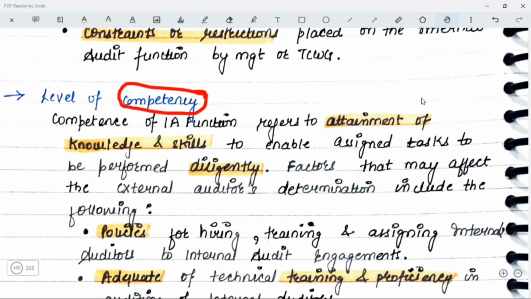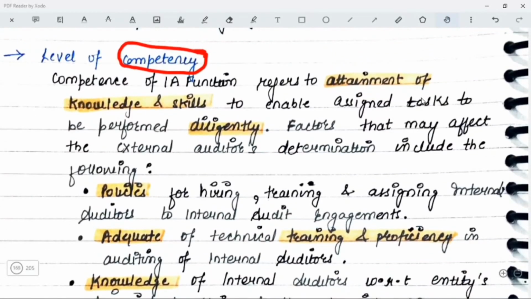Okay, let's move on to the next part, that is level of competency. Competency of the internal audit function refers to the attainment of knowledge and skills to enable assigned tasks to be performed diligently. What are the factors that may affect the external auditor's determination?